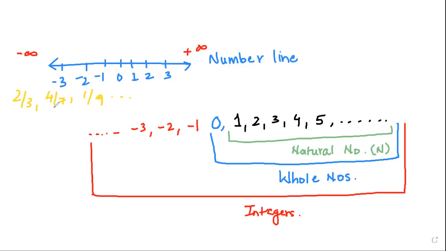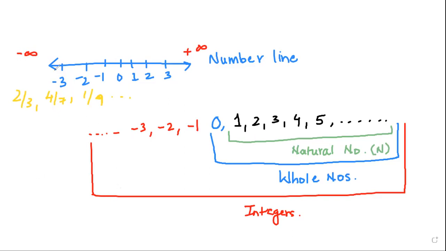So these numbers would be called fractions, rational numbers. They would also be called real numbers. For going into rational and irrational, you would be checking the decimal expansions.